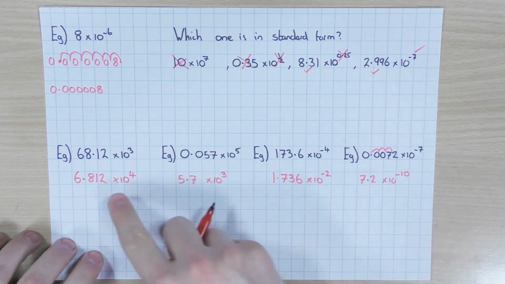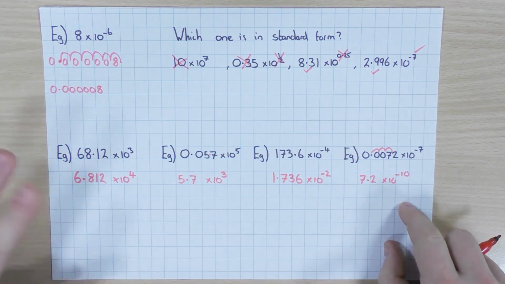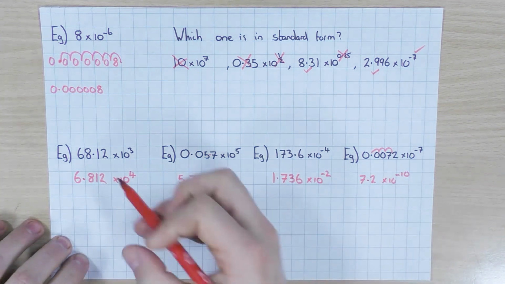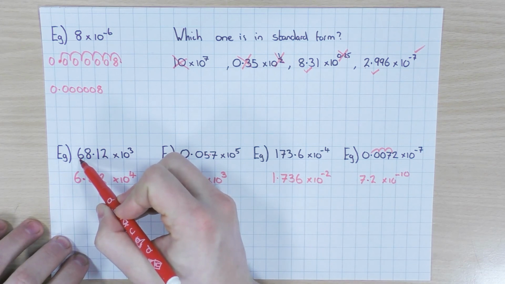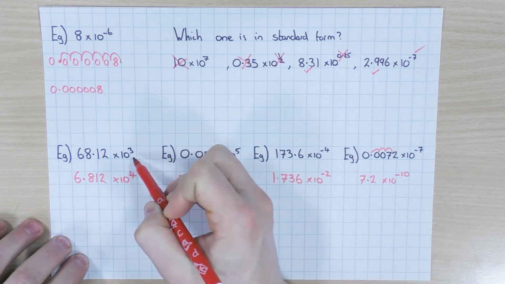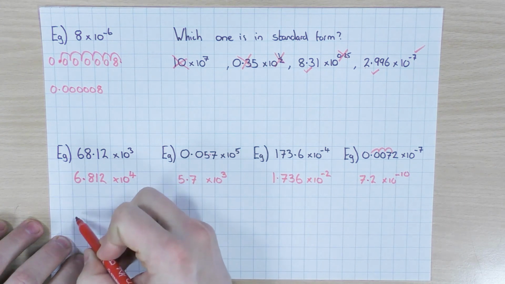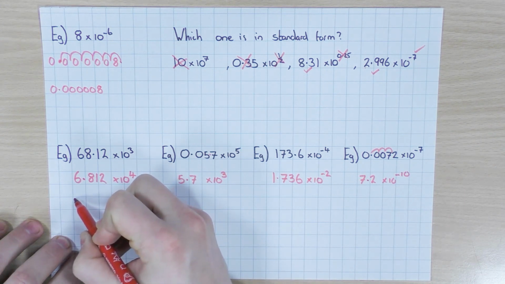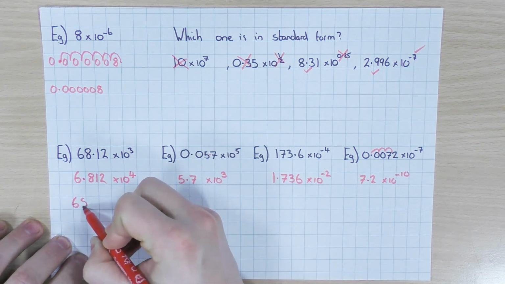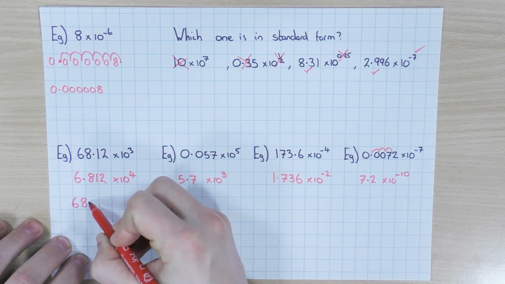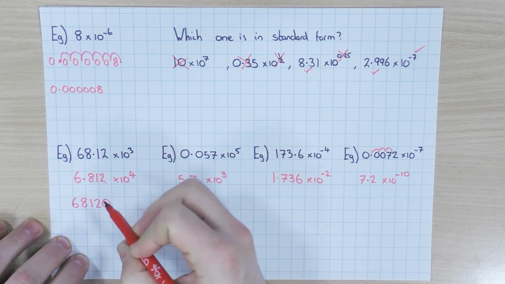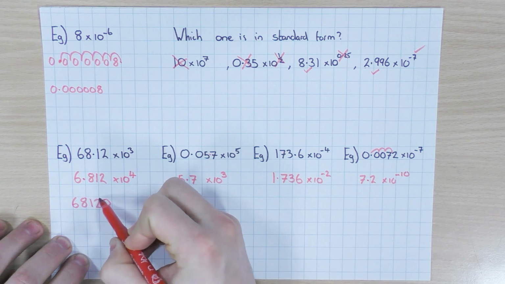Okay, so that might not have made a bit of sense, so maybe if I could just do a little bit of an example, you can see what I mean. So 68.12 times 10 to the power of 3, if I just actually write that number out, I move the decimal point 1, 2, 3 times.